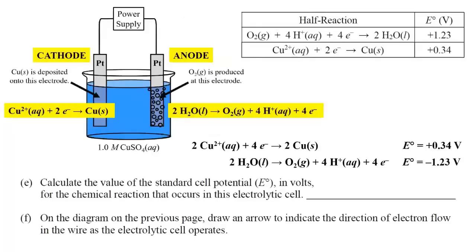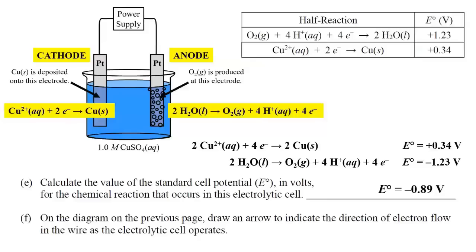Again, it was the manipulated half reactions. The first half reaction involving copper was multiplied by 2, but the cell potential did not change. The other half reaction was reversed, and the cell potential, its sign, was also reversed. So we got negative 0.89 volts.